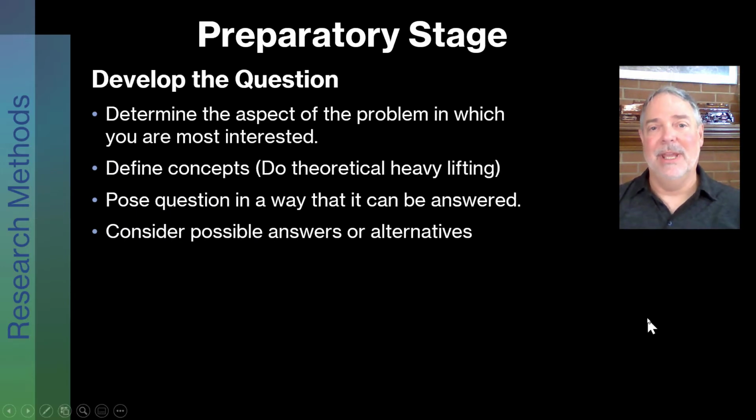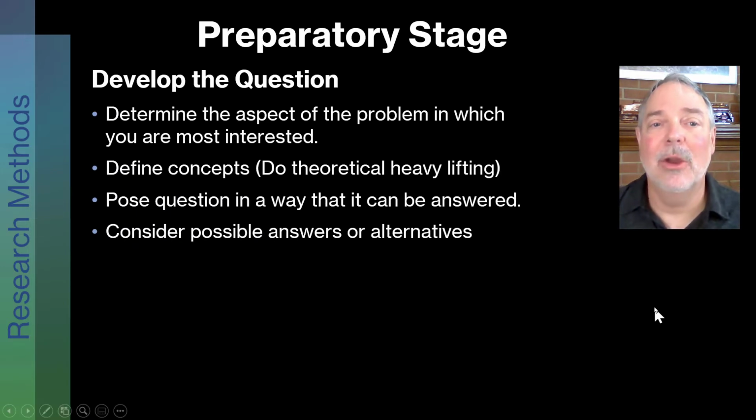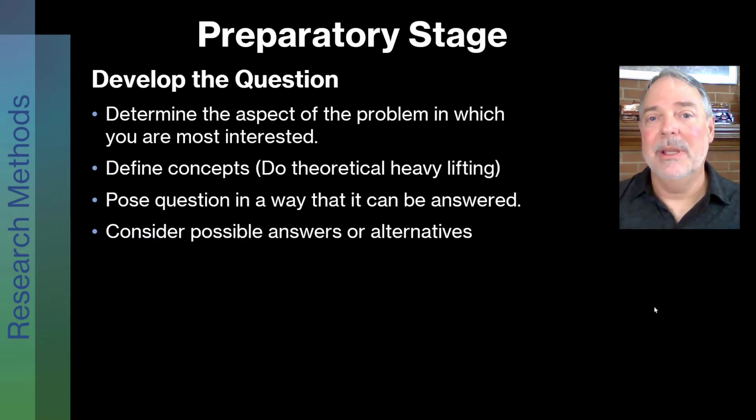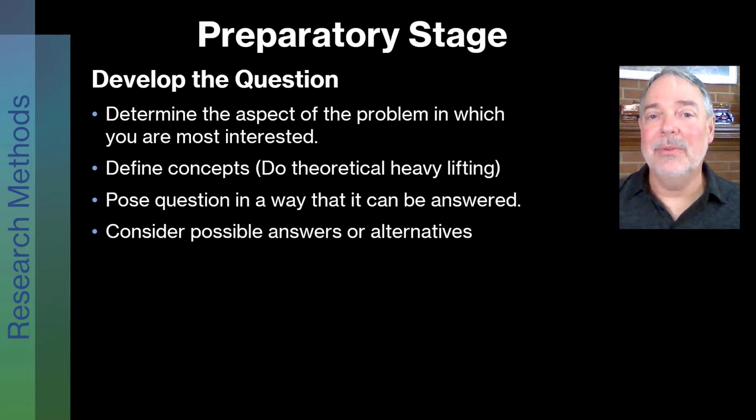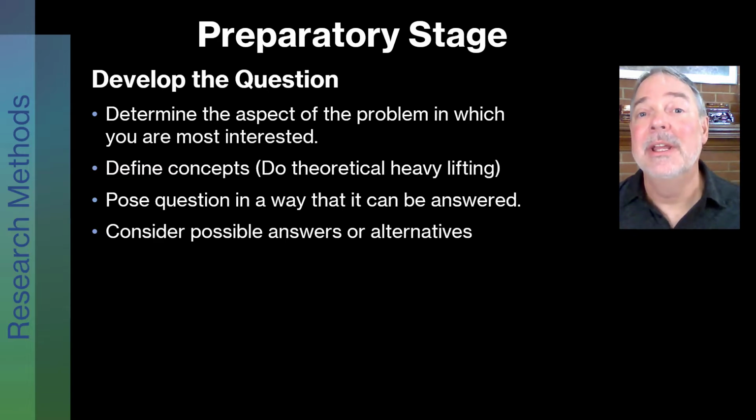So the preparatory stage, I say 2 things go on here. Now, first of all, in the previous stage, prior to this, you should have become very conversant with the question and the topic area, the research that's been done, and you should have a good lit review that provides an overarching narrative of the state of the art in scholarly research on this topic.